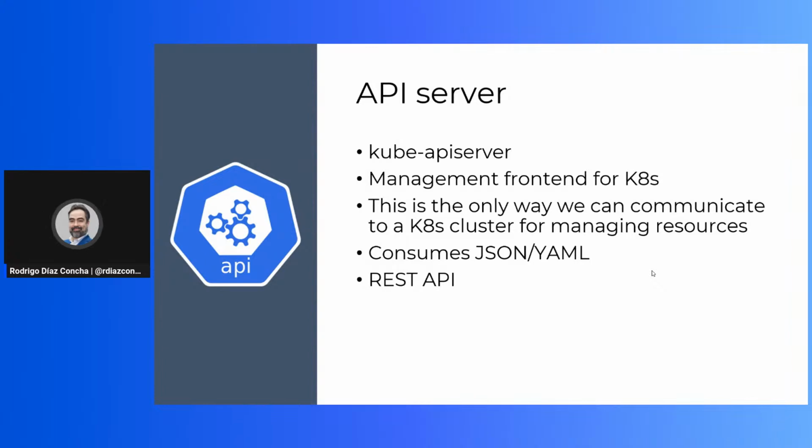The API server is just like a regular web API that you can invoke for doing things in your Kubernetes cluster. This is actually what kubectl is communicating to for doing things in my cluster. This is just a REST API. Actually, you can execute it by using, I don't know, curl or Postman or whatnot. You can execute commands in that particular API server for managing your Kubernetes cluster.